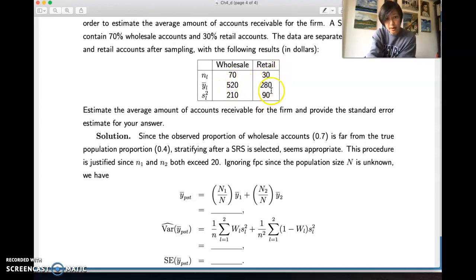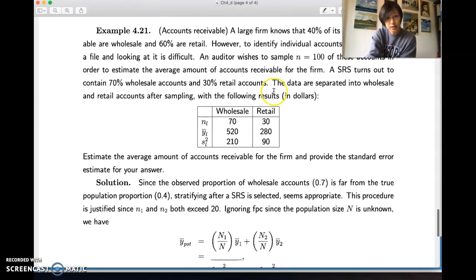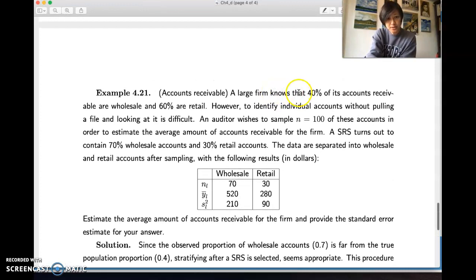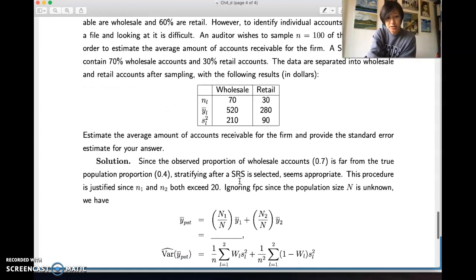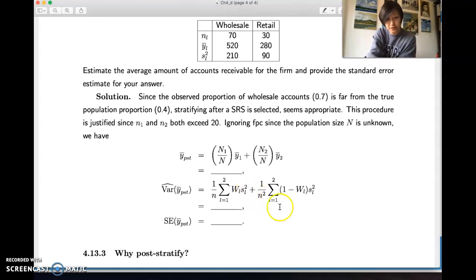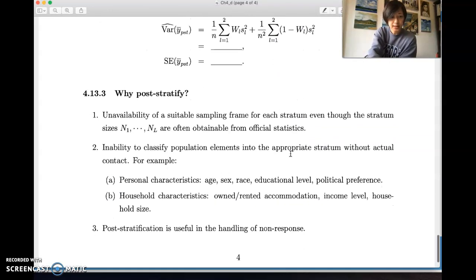So Y1 bar and Y2 bar do not fully reflect what should be that 40% to 60% of the wholesale and retail, because that's based on 70%. It is not 40%, right? So that's why we have the additional variance that is added to this part, or the increase of the estimated variance. Okay, so I leave you to do the calculations.